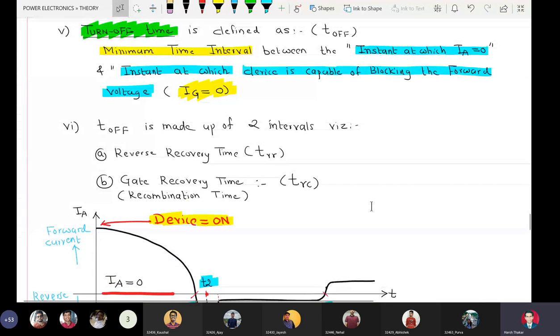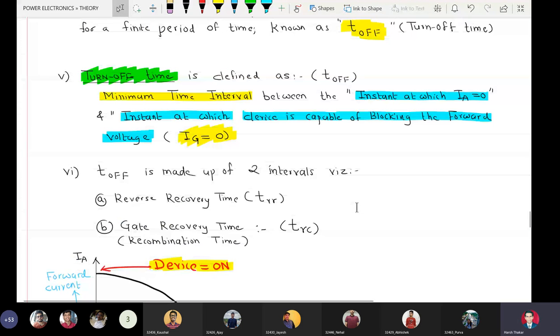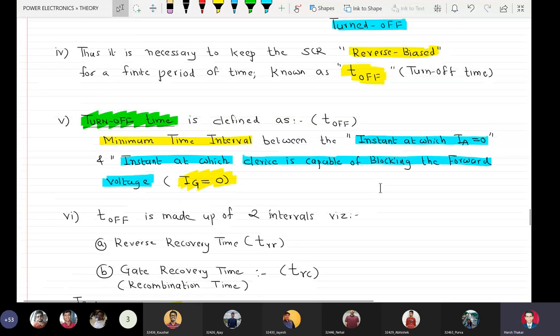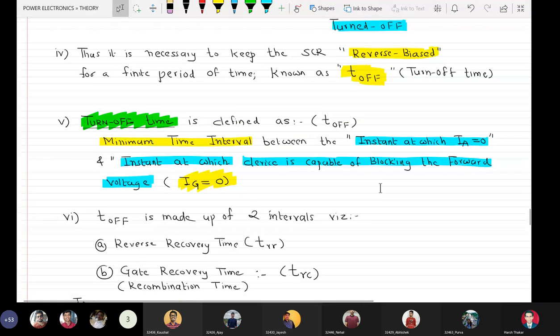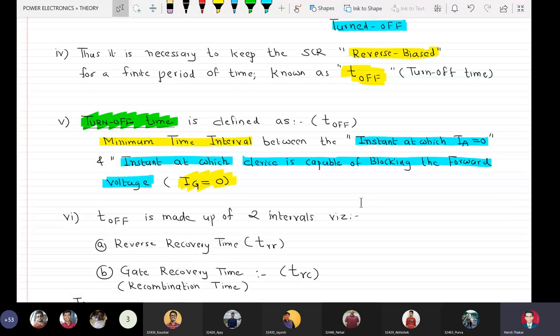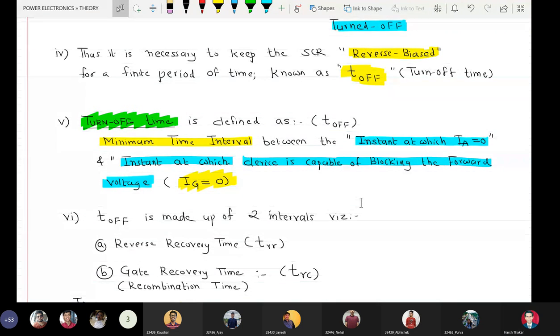This was a very important topic, dynamic turn on and turn off. I know that today is our 27th or 28th lecture, but it is worth it because I have covered the most important concepts about the operation of an SCR very slowly and in detail. So beyond this unit, when we go on to study all the different power converters, inverters, AC voltage controllers, I will not have to spend any time explaining the operation of an SCR.